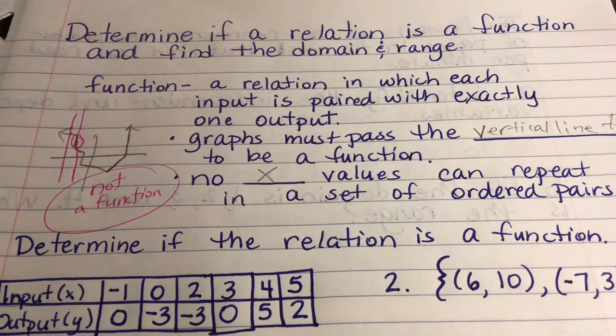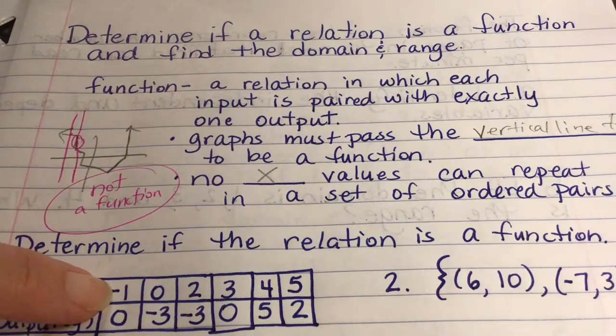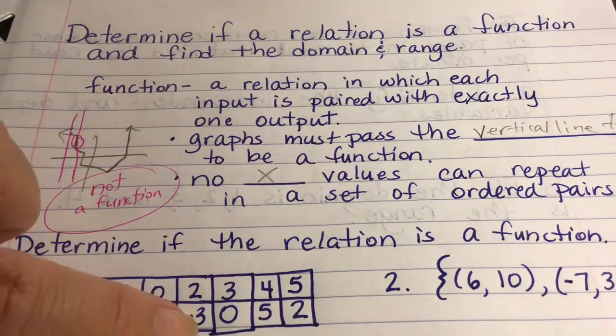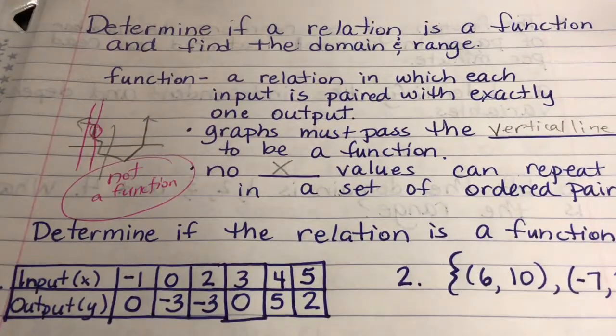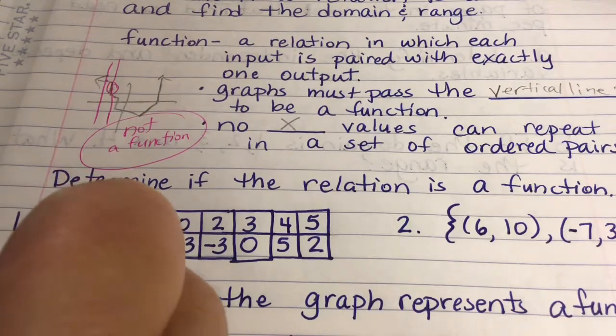As I look at this table here, do any of the x values repeat? -1, 0, 2, 3, 4, 5. No, none of the x values repeat. So I'm going to say yes, it's a function.